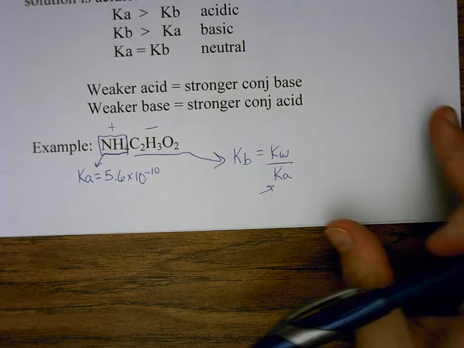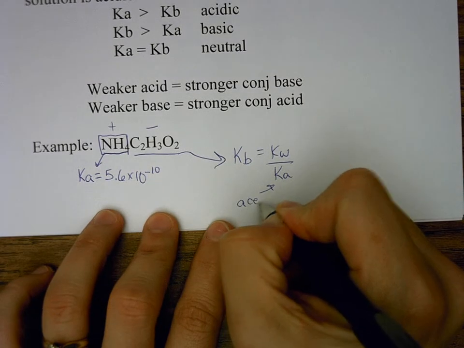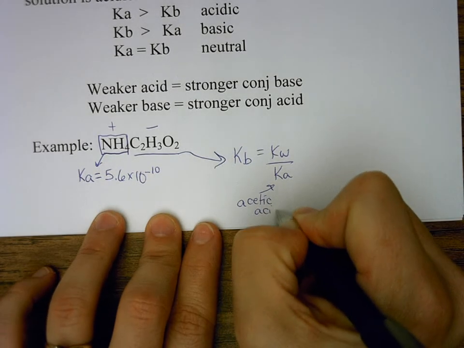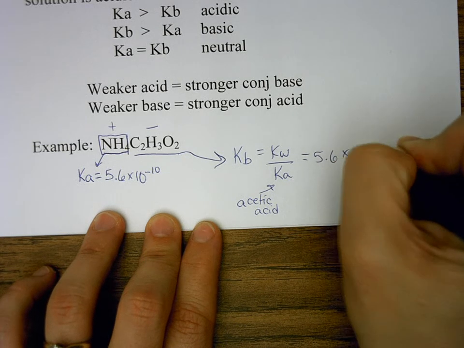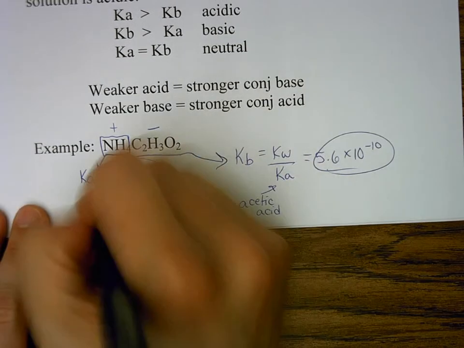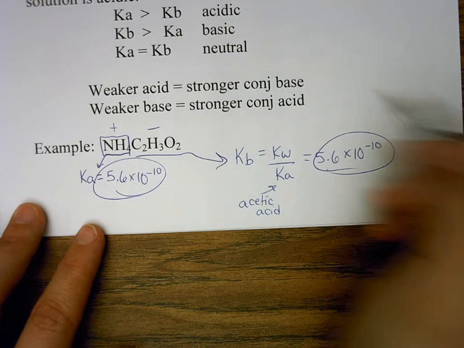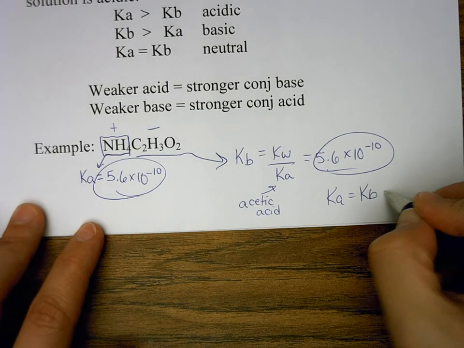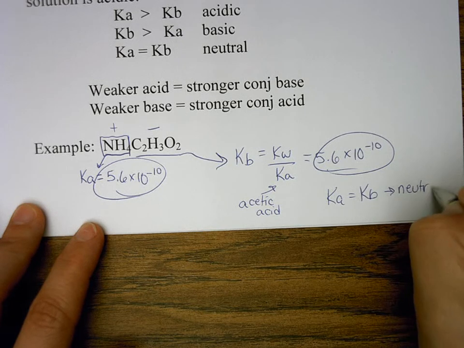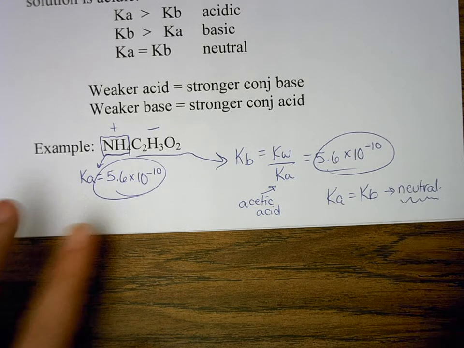So that's of acetic acid. Okay, so that is actually 5.6 times 10 to the negative 10. These numbers are the same. Since Ka equals Kb, then they basically cancel each other out, and the overall solution is neutral.